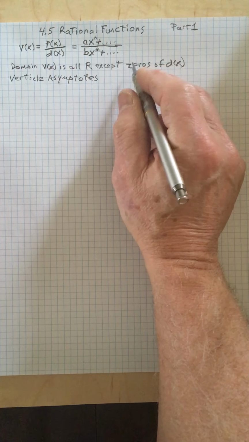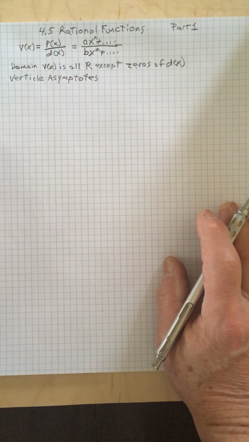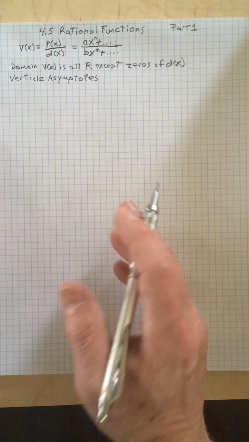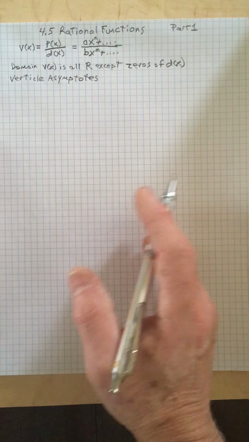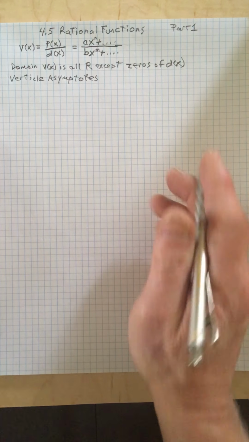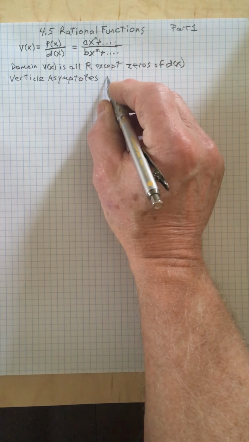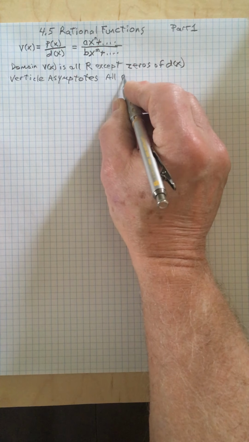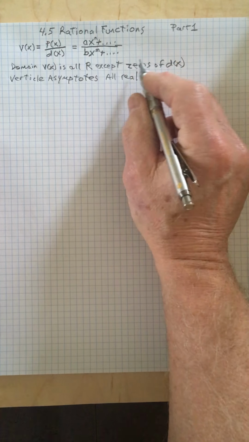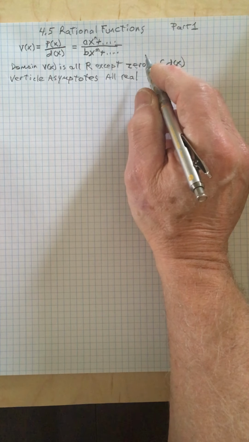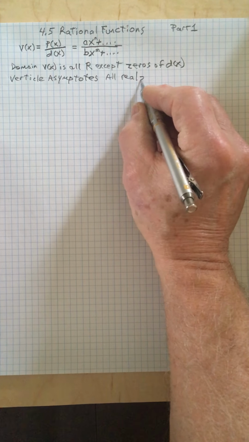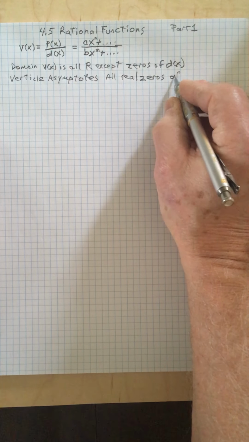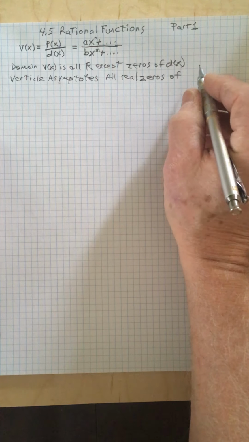You could have all kinds of zeros, but the problem for an asymptote is we've got to plot a number on the x-axis, so for vertical asymptotes, that would be all real zeros. So if we have any complex zeros, they don't count. So slight difference here.